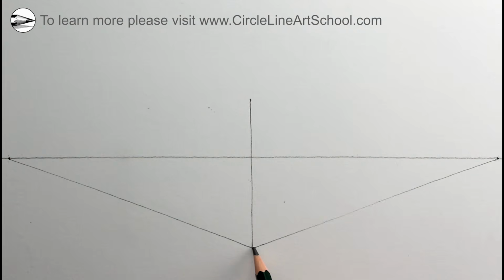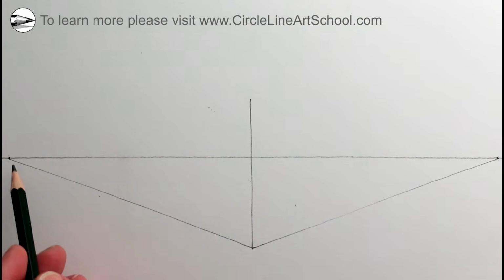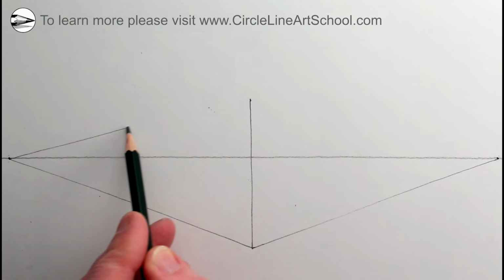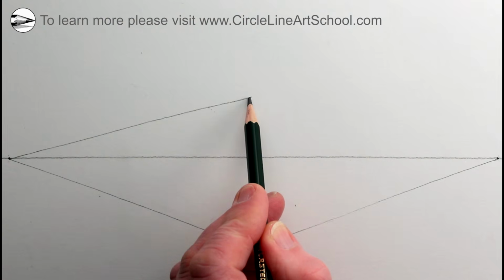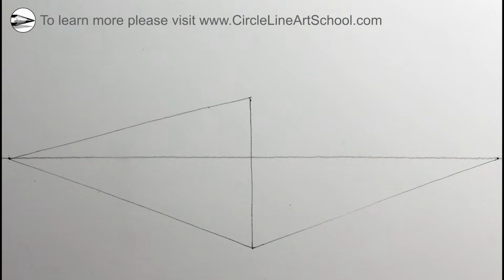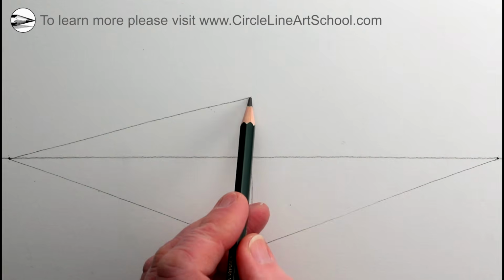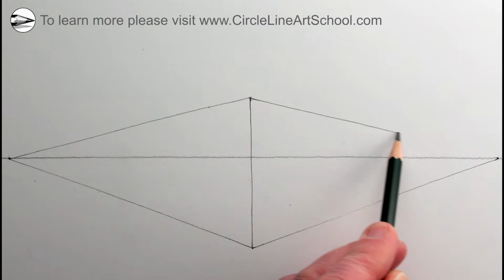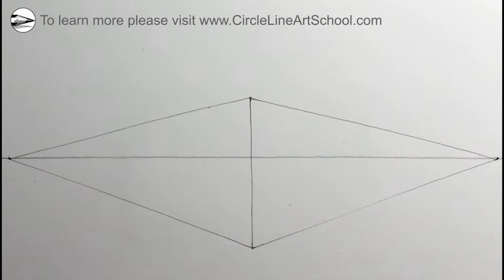Now we can repeat that by drawing two more lines to the top of the vertical line from the left and right vanishing points. These should be drawn as guidelines, which are soft lines that are easy to erase later on, and these guidelines help guide our drawing so that the receding lines of the house go towards the two vanishing points on our horizon line.